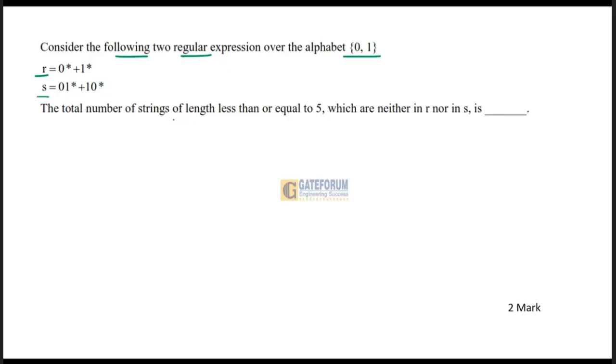The total number of strings of length less than or equal to 5 which are neither in R nor in S is how much? NAT based question. So we need to do this question step by step, right?